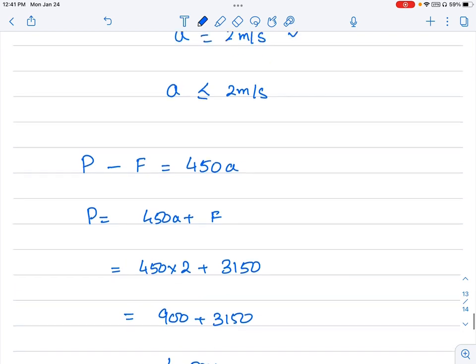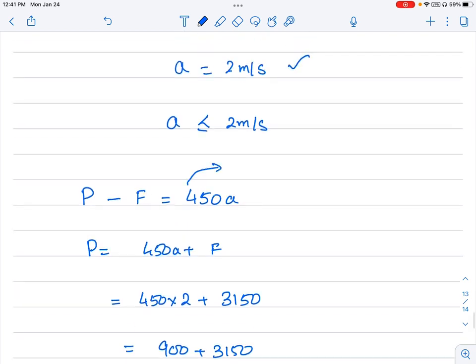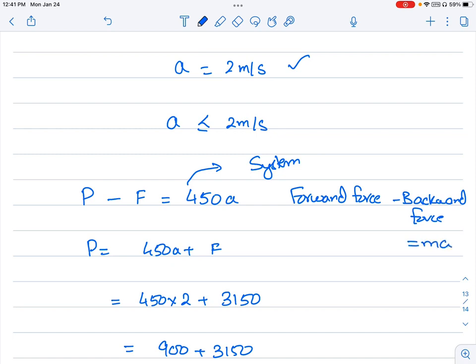As simple as that. So once again, I take it as a total system. Forward force minus backward force is equal to ma. We use this concept. The forward force is P, which is greater than 3150, minus my frictional force. Backward force is the maximum frictional force, equal to ma.